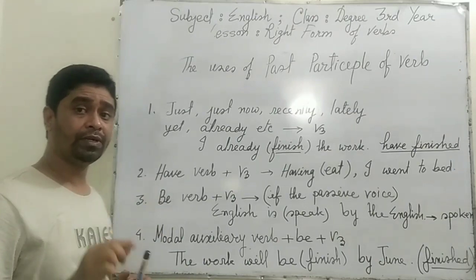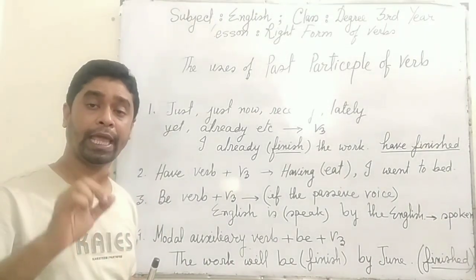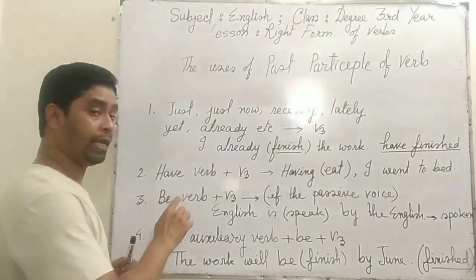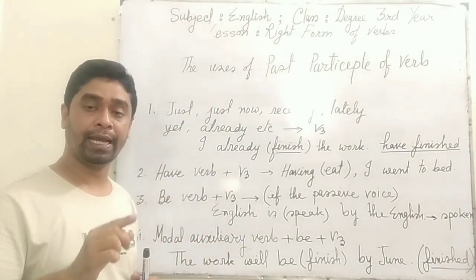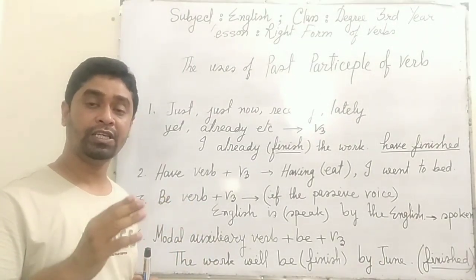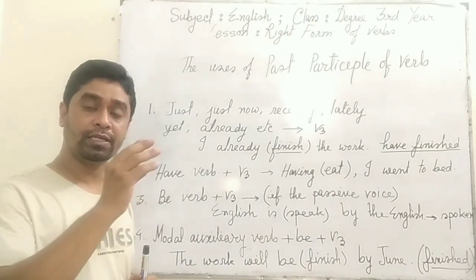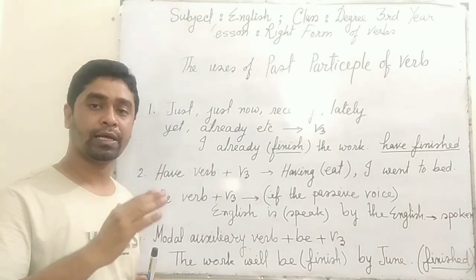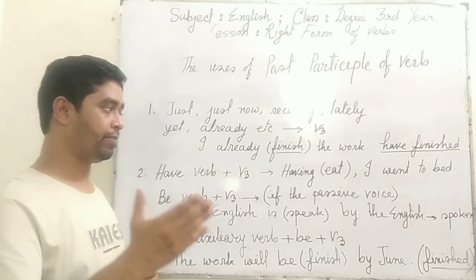Second, if in a sentence we find have verbs, that are have, has, had, having, if we find these words in a sentence, we have to use the past participle of the verb.